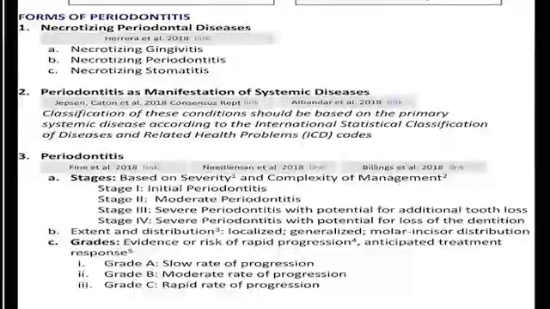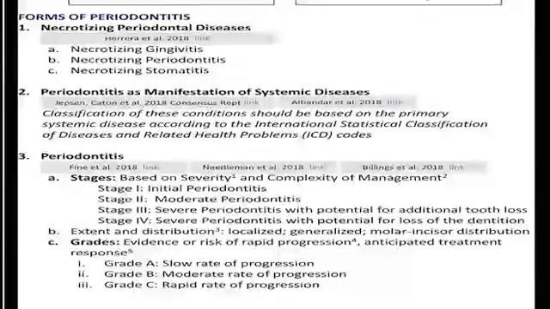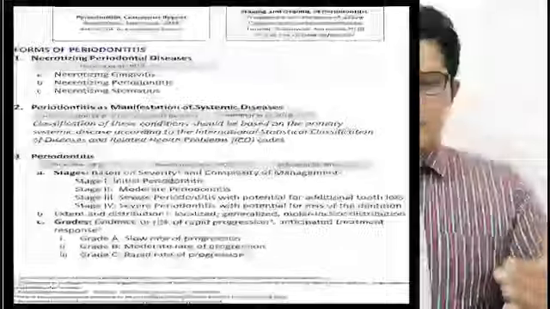The second is periodontitis as a manifestation of systemic diseases, and this classification is based on the related health problems of ICD codes, which can be discussed later in another lecture. And the third one is periodontitis, which I have discussed earlier in detail. It involves stages, grading, and extent. Staging is 1, 2, 3, 4, and grading is A, B, C.